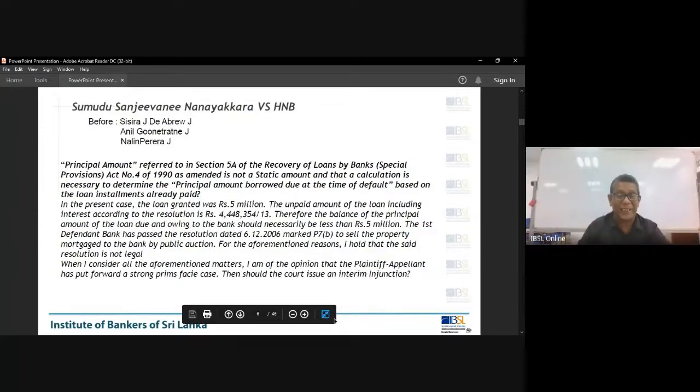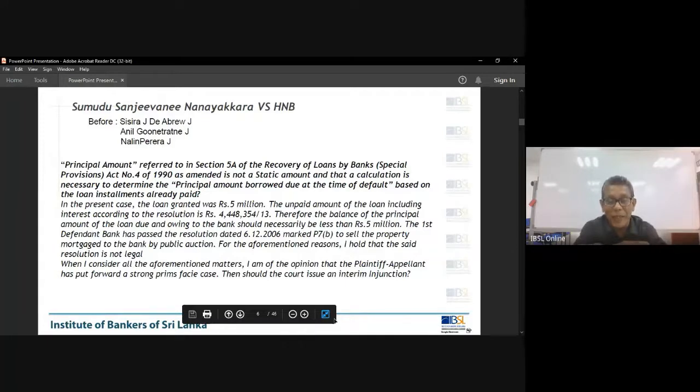We try to recover the loan from the guy who paid 4 million, whereas the guy who took 4 million and has not paid any cents, we cannot execute against. That is the ground on which the judgment was given.